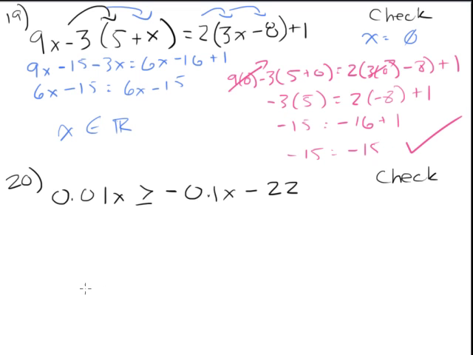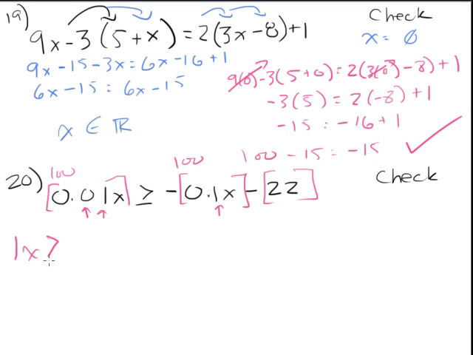Perfect. So here I have decimals. Again, I don't like working with decimals, so I'm going to multiply by the lowest place value. I have here the tens, hundreds, this here is the tenths, so I'm going to multiply everything by 100. And then I'm going to be left here with a 1x.